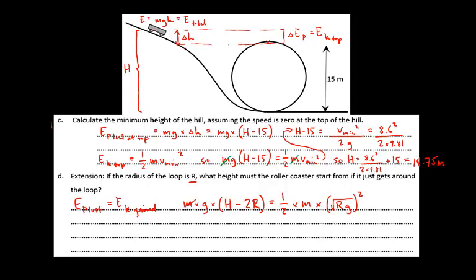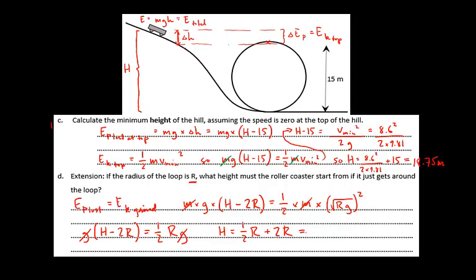So we can first just cancel the m's because that's convenient, and then we find that g times H minus 2r is equal to 1/2, but square root rg all squared just takes away the square root and the square, so that's 1/2 times rg, and now we see that the g here cancels as well, so we get H is equal to 1/2 r plus 2r.